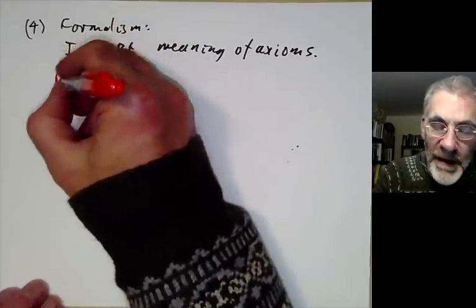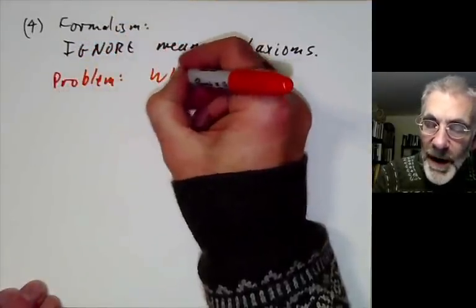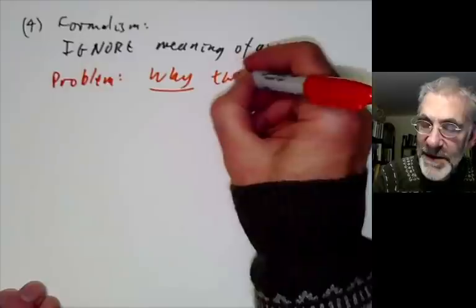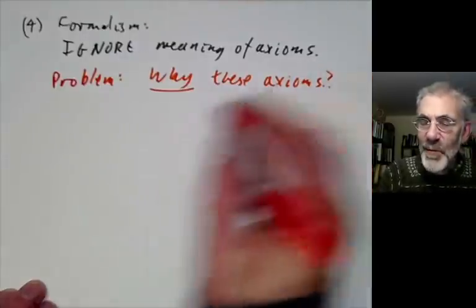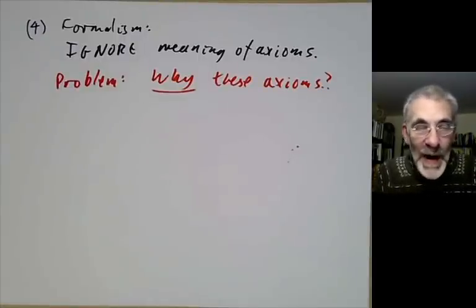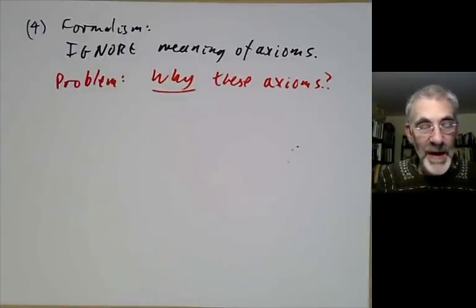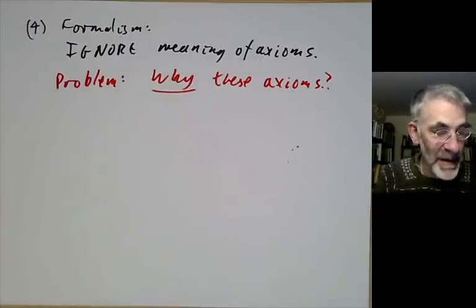And the problem here is, why are you investigating these axioms? Formalism doesn't really explain why these axioms are interesting. Why don't we just select some completely random collection of statements in the language of first order logic or set theory and investigate their consequences?